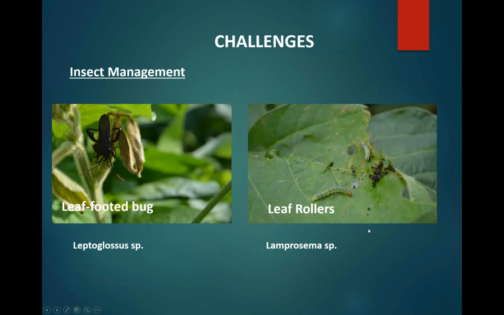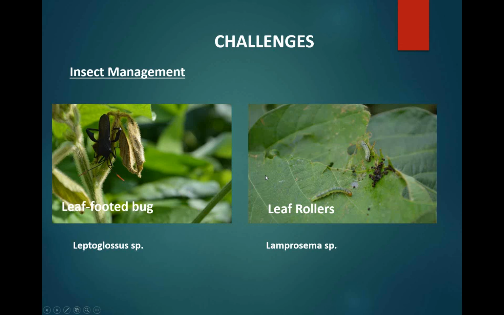The other challenge was insects. This insect here is the leaf-footed bug. It feeds on the tip of the plants just at the time of flowering, and that has an impact on the yield. So I had to do some spraying there. And we also had leaf rollers that were rolling the leaves, and then they would develop inside.